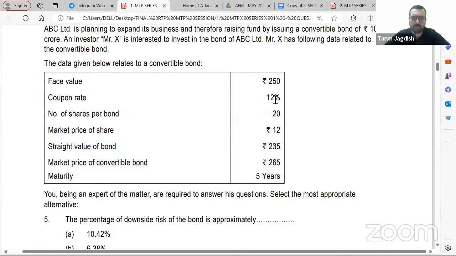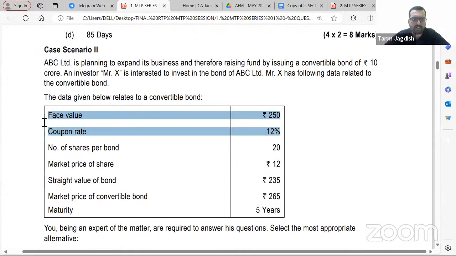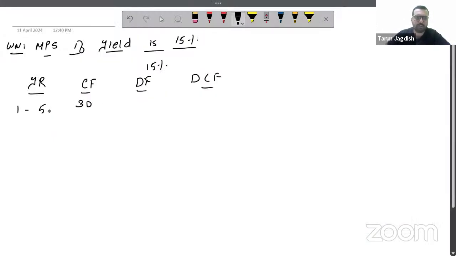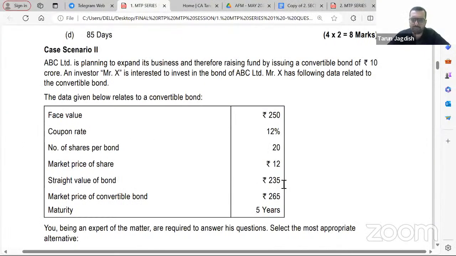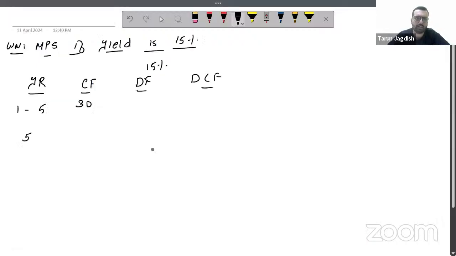You'll have a coupon rate of 12%. Friends, coupon rate of 12% is ideally on the face value. So here the face value is going to be 250. 12% will turn out to be how much? 30. At the end of year 5, you get the redemption value. Redemption value, nothing is mentioned over here. So we are assuming that the redemption value will be 250.